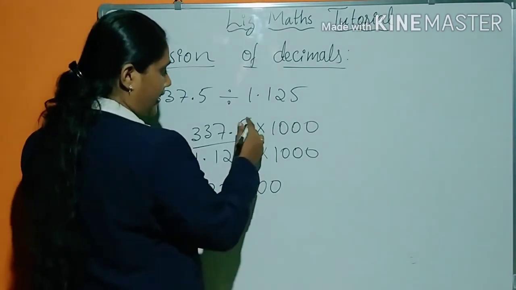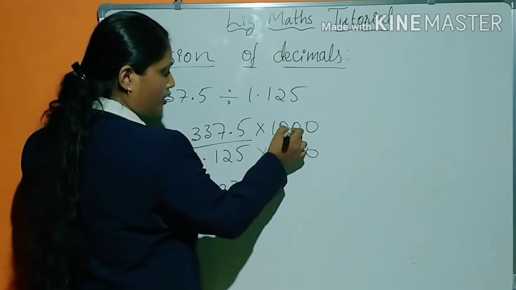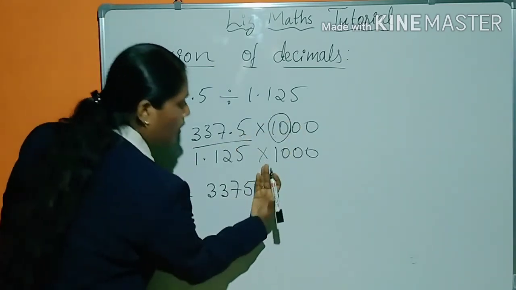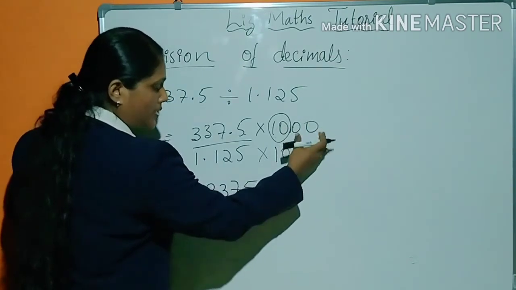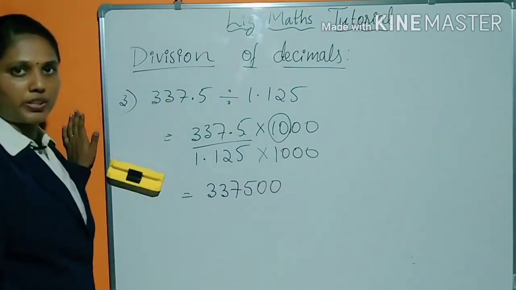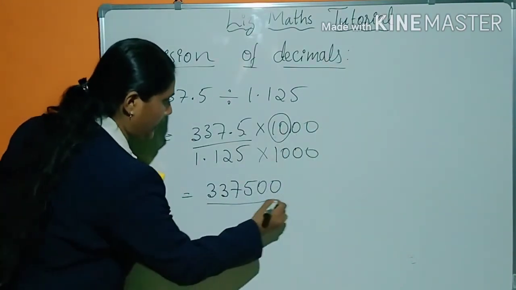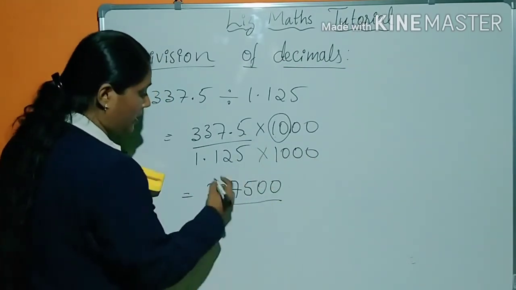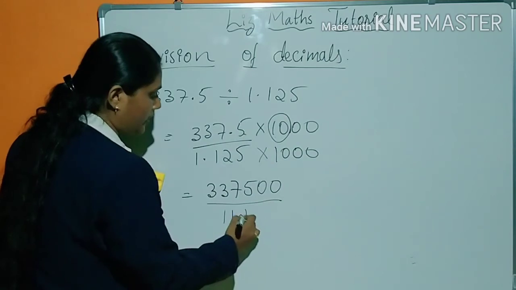Got it? Here 10 is enough to make this a whole number, but 2 more 0s you have to include here. Divided by, here you are multiplying to make this a whole number, so directly you can write 1, 1, 2, 5.